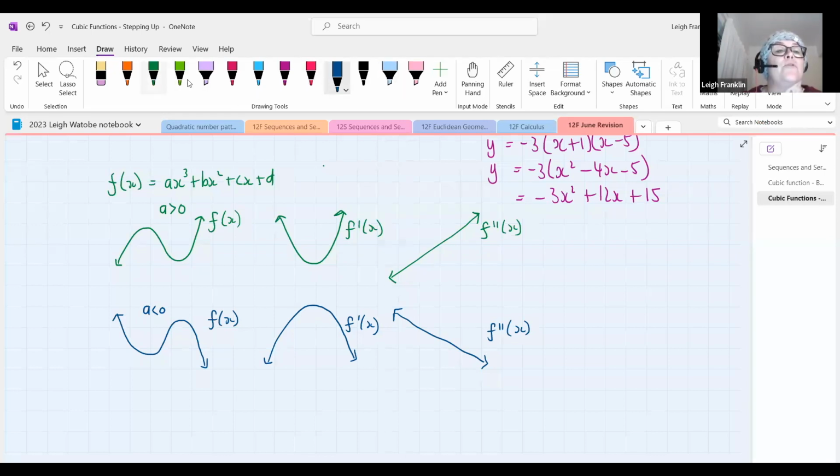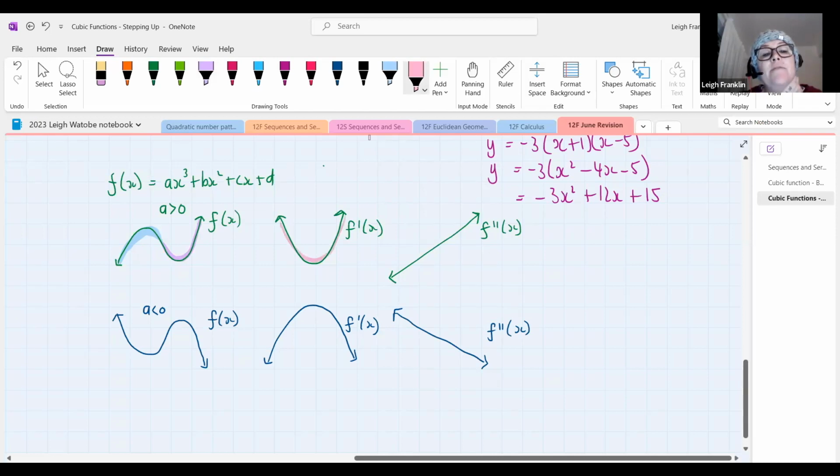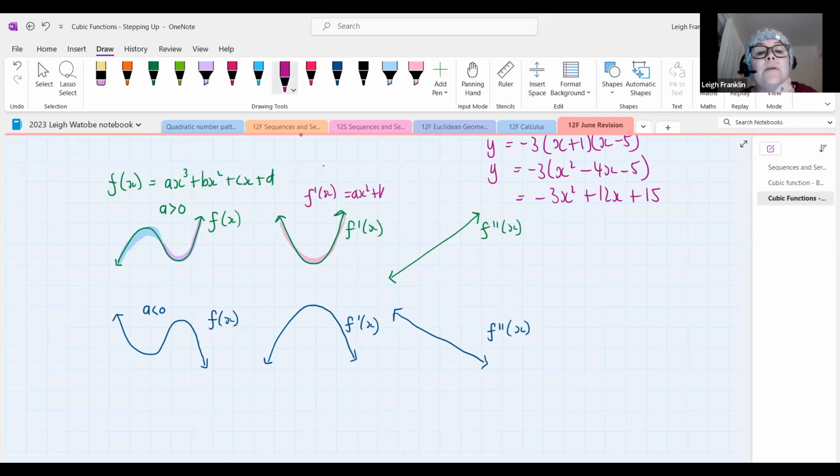In the case of the green graph, up to the point of inflection, the graph is concave down. So where I'm drawing the blue highlighting, the graph is concave down. Now where I'm doing the purple, it becomes concave up. If your original cubic function is concave down and then concave up, your first derivative is always going to be a smiley face parabola, because f prime x equals ax squared plus bx plus c, and this a is also positive.